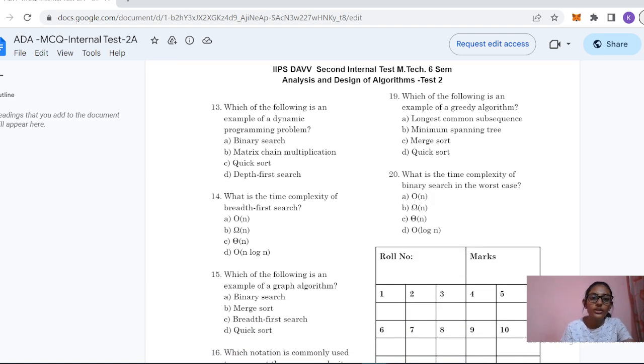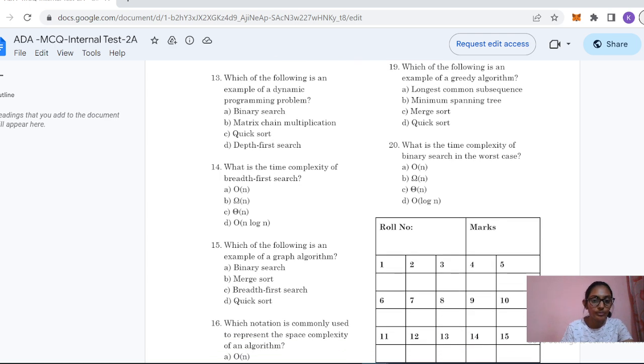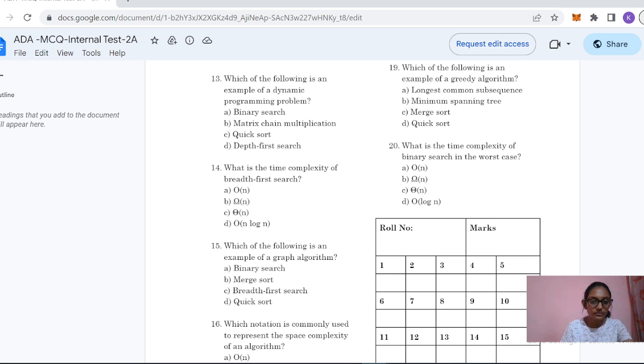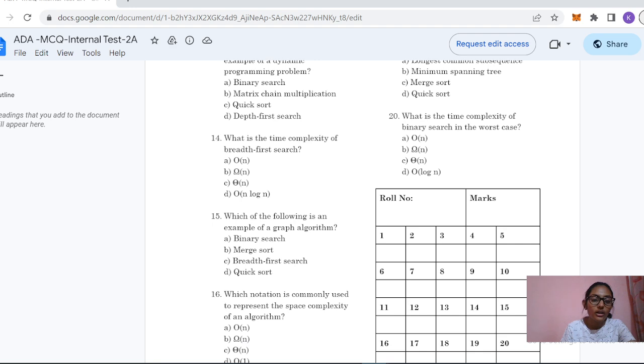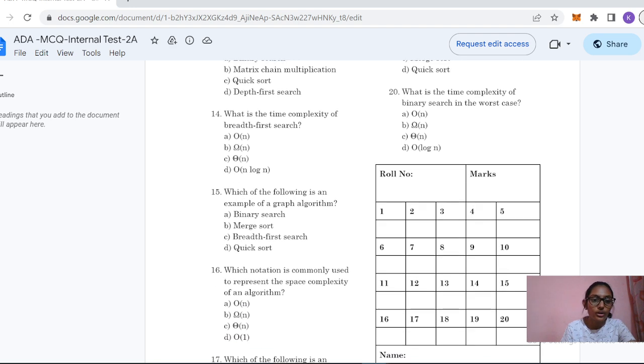13th, which of the following is an example of a dynamic programming problem? The answer is option B, that is matrix chain multiplication. What is the time complexity of breadth first search? Answer is option A, order of n.